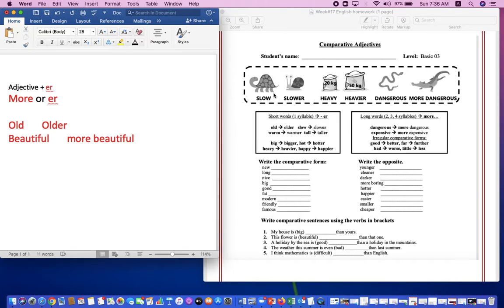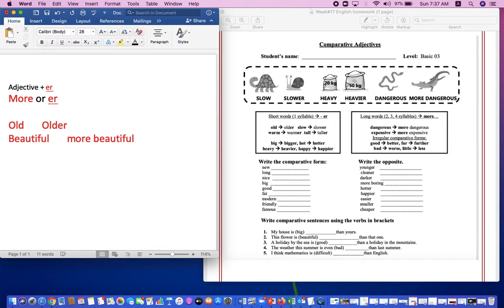If we have slow, it should be slower. Heavy, heavier. Dangerous, more dangerous, because it has more than two syllables. Do you remember how we used to count the syllables in a word? We either use clapping, dan-ger-ous, or the repeat sound, dangerous. So it has three syllables.